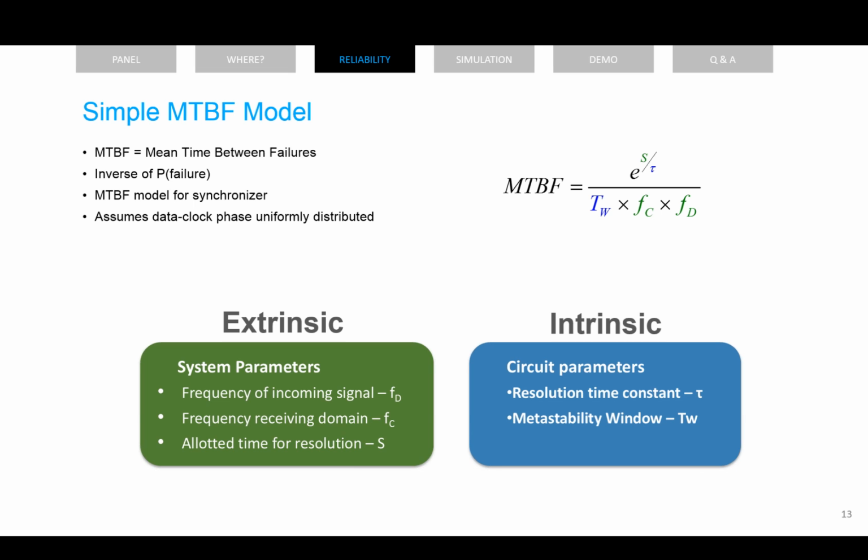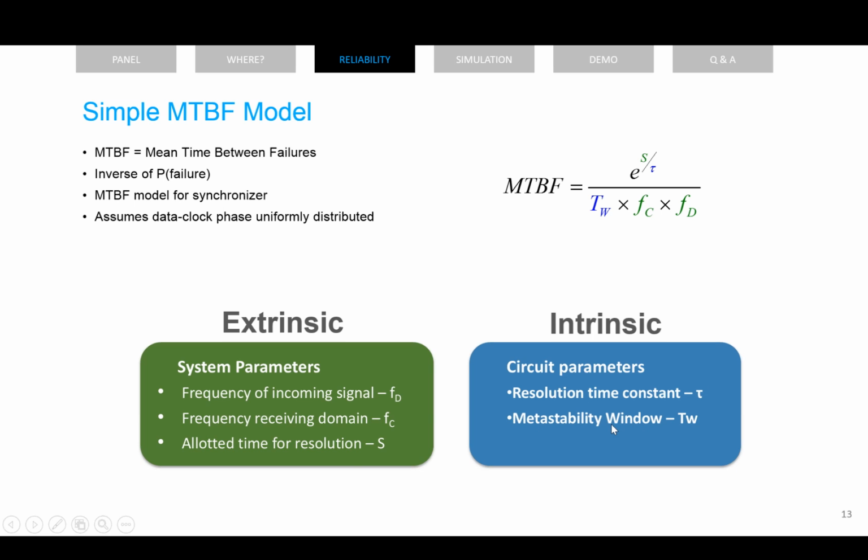The system parameters are basically the frequencies of the two sides, the sender of the signal and the receiver, while the other one is the allotted time for resolution, which is a direct function of the number of flip-flops of the synchronizer used for synchronization. The two intrinsic parameters depend only on the circuit of the flip-flops used and are not system dependent.